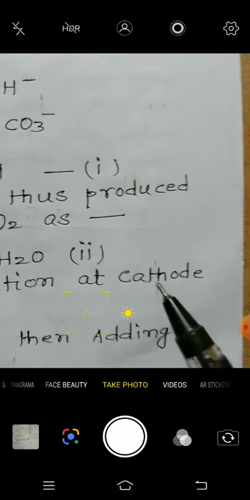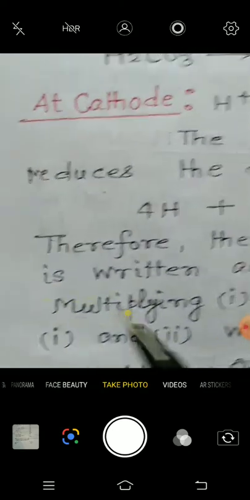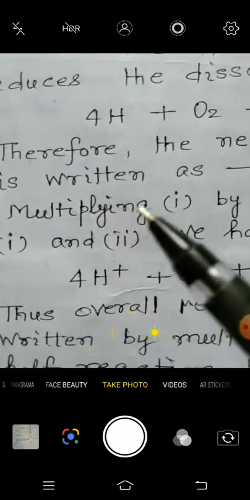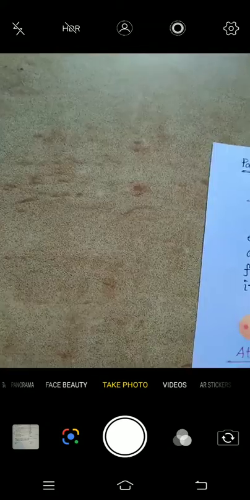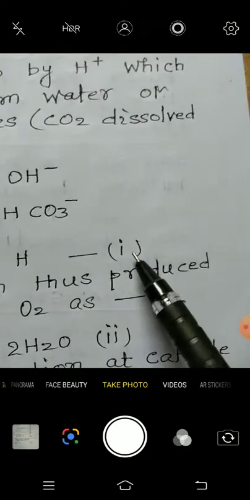reaction at cathode is written like this, multiplying equation 1 by 4. Here is equation 1 in this page, and this is equation 2.